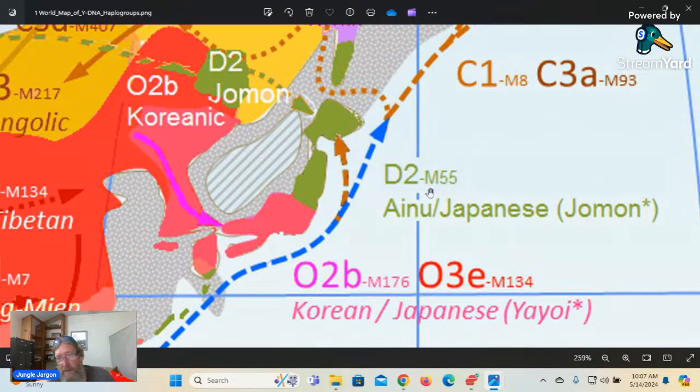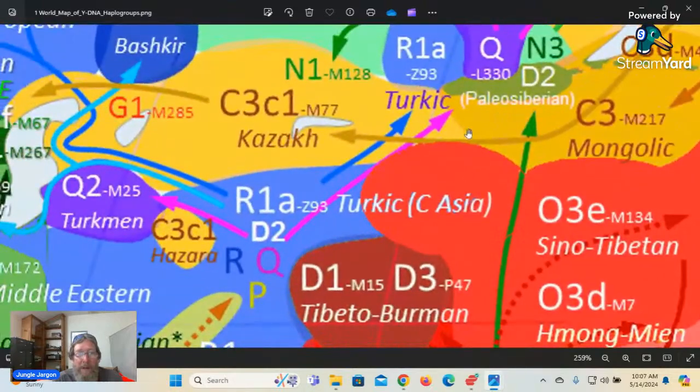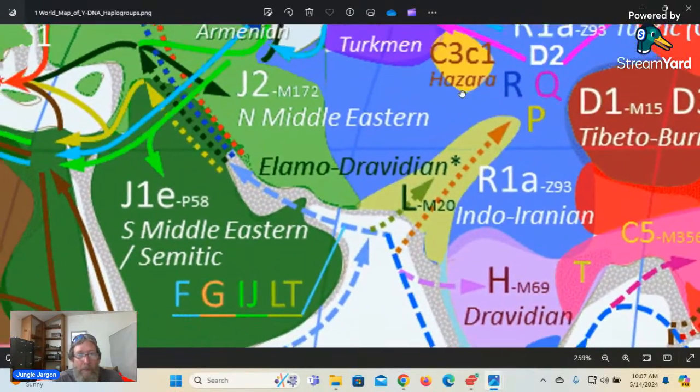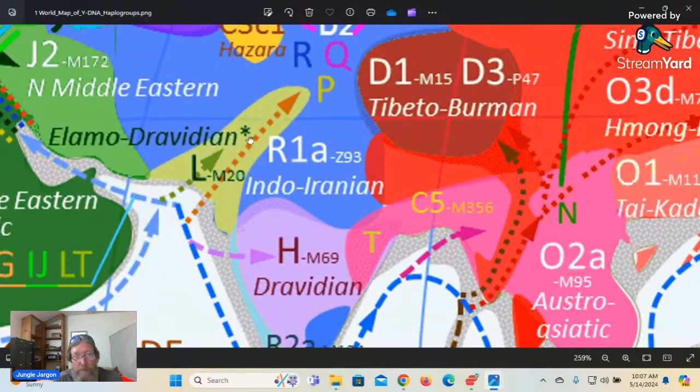They're descendants of the tribe of Sinim, the son, or the Canaanite tribe, the son of Canaan, which makes so much sense.